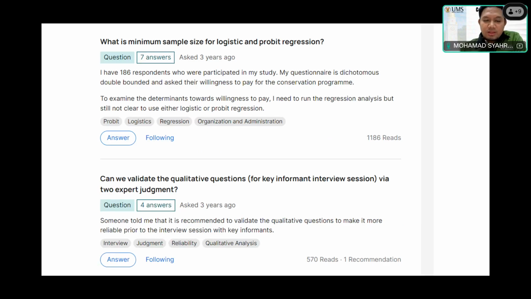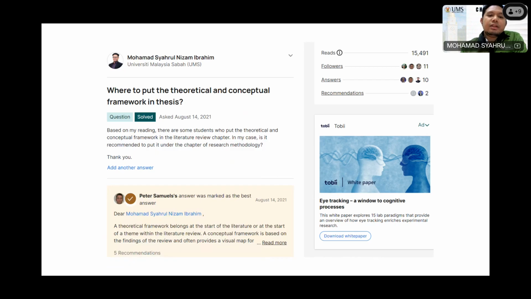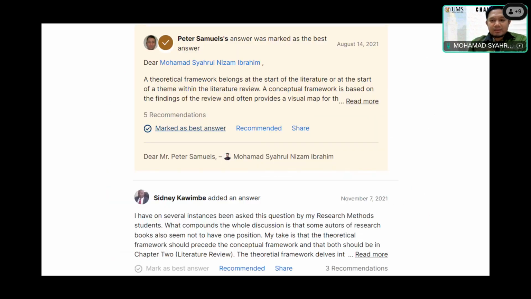This is a community. I even asked the community where to put the framework in my thesis, for example. Even that's a very technical one. I didn't know, so it was very helpful for me.